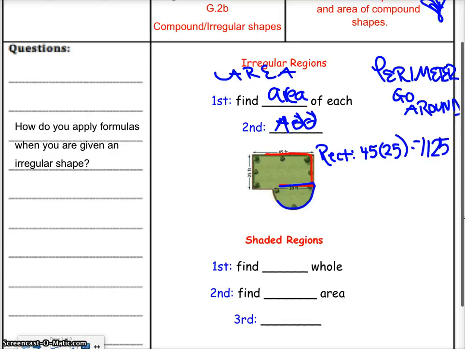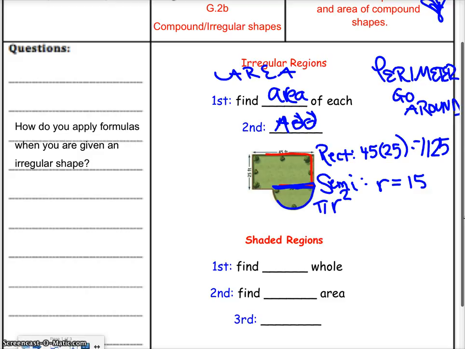Now, the area of my semicircle, area is pi r squared. This 30 is not r. That is diameter. So I need to find my radius. So r is equal to 15. Do you agree with that?